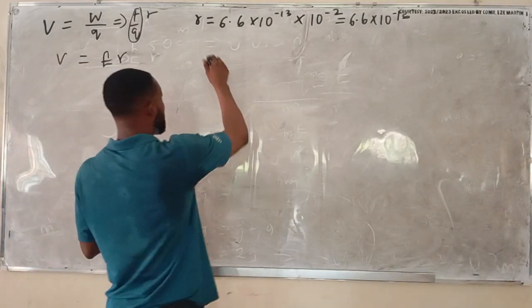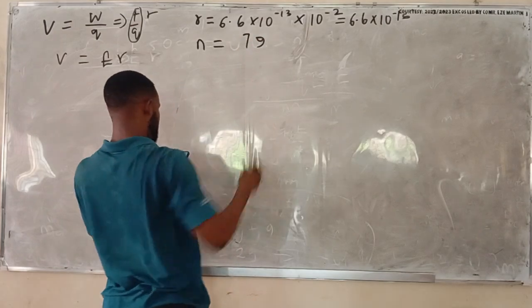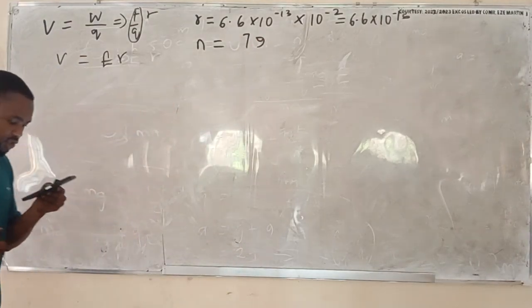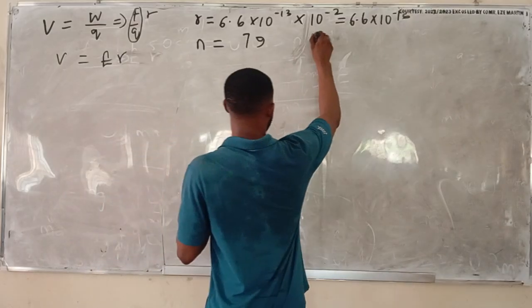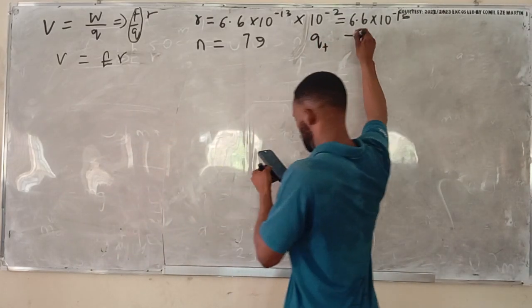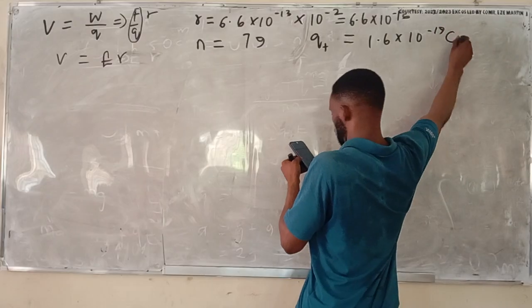Now they gave me the atomic number, that is Ne. Ne is 79. The number of protons, the number of electrons, is the same as the atomic number. That Ne is 79 here. Now they said take the charge of a proton, Q plus, to be equal to 1.6 times 10 raised to the power minus 19 coulomb.